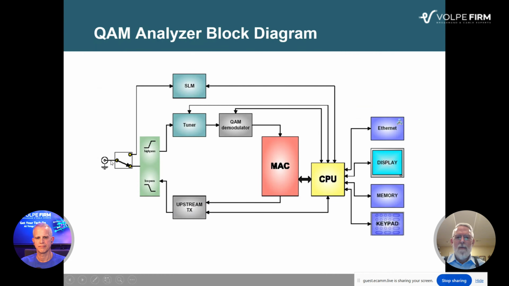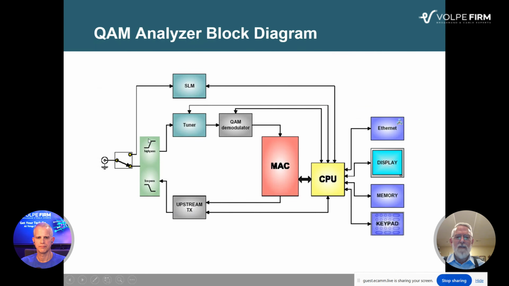If you're doing QAM analysis, then you're essentially dealing with a cable modem or a cable modem equivalent. And the RF then goes through a diplex filter because the odds are pretty good that the QAM analyzer supports upstream stuff. So you've got to have a diplex filter in there to separate the low return or the sub-split or mid-split or high split, depending on the instrument.